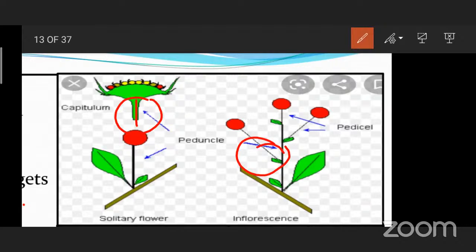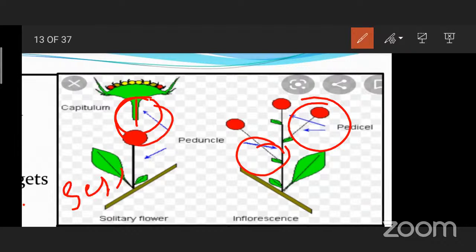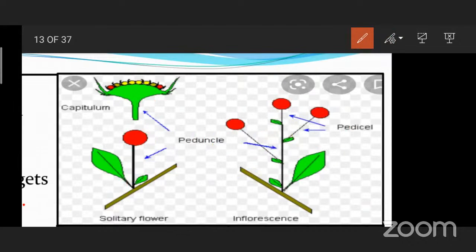Flowers with a stalk are pedicellate flowers, and flowers without a stalk are called sessile flowers. In the case of a solitary flower, its stalk is termed the peduncle.